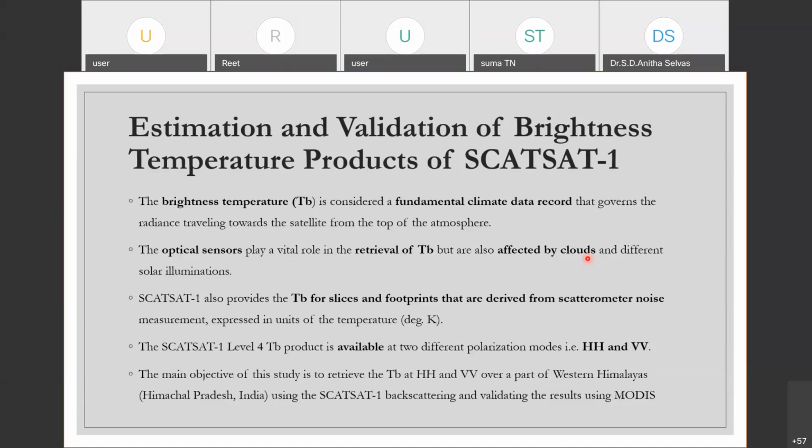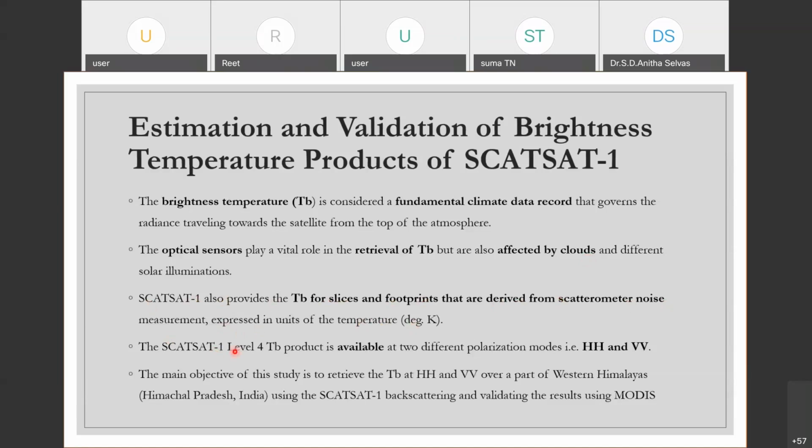So to monitor the daily temperature, the MODIS data has its limitation, which can be overcome using the SCATSAT-1 data. SCATSAT-1 also provides the brightness temperature for the slice and footprint that are derived from the scatterometer noise measurement, expressed in the unit of temperature, that is degree Kelvin.